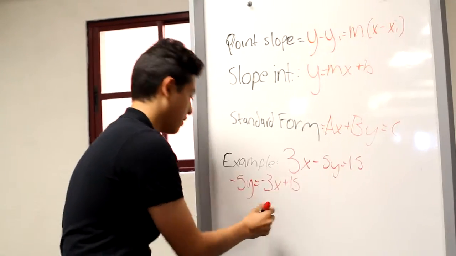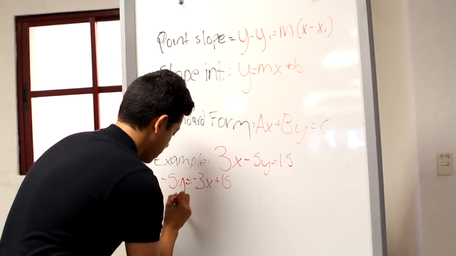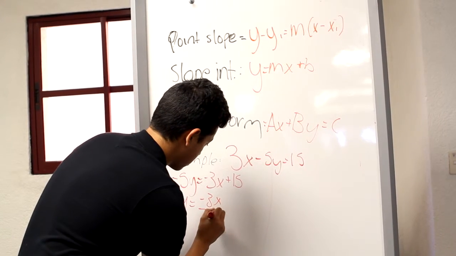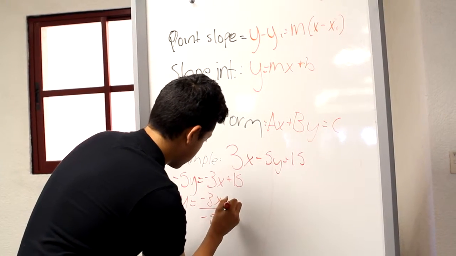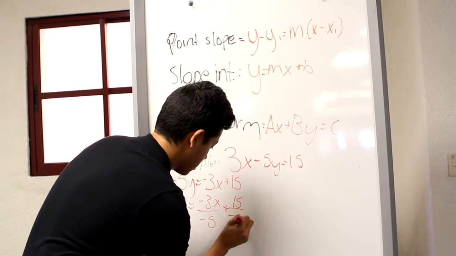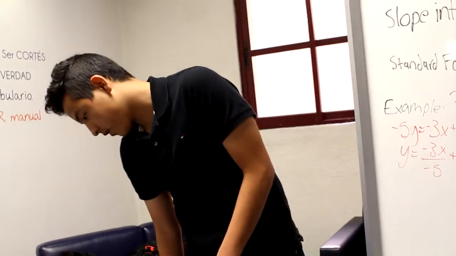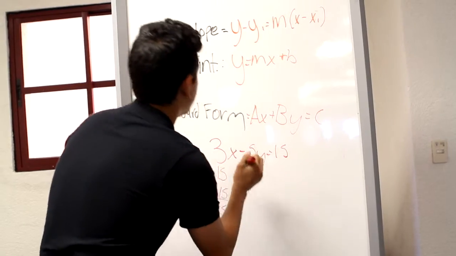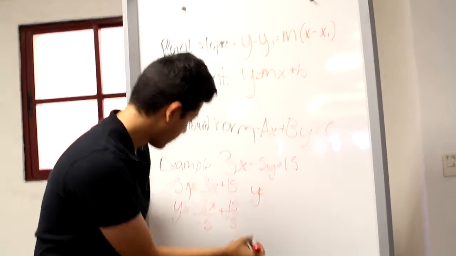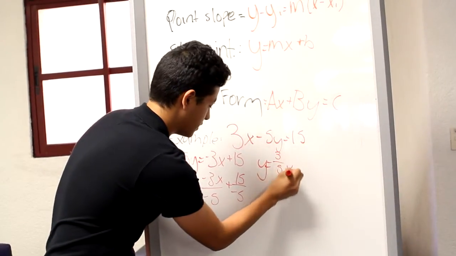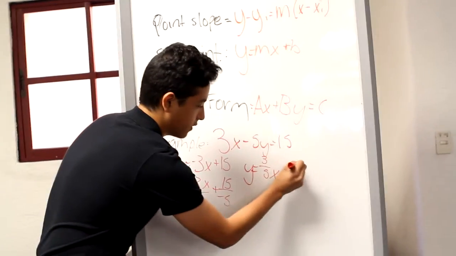Then we pass this to the other side. And finally, the slope-intercept form will be y equals 3 over 5x minus 3.